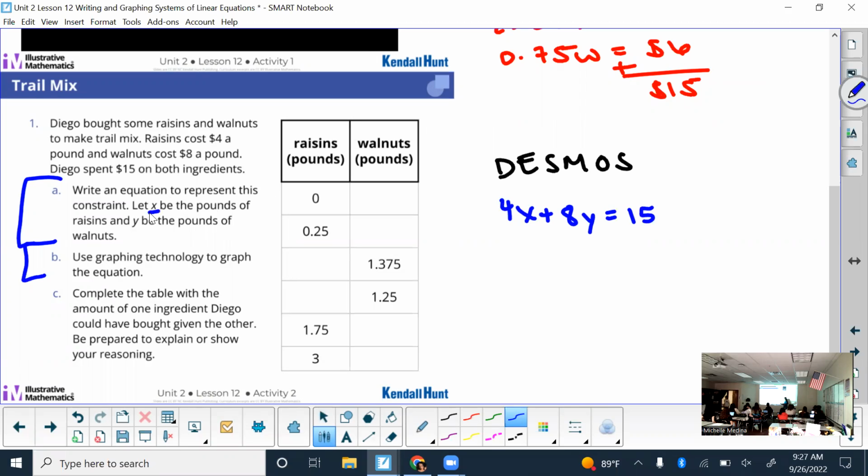Just FYI, use whatever variables the instructions tell you to use. We've been talking about different kinds of equations or different forms of linear equations. What form is this in? If you guys remember. Remember what it's called? Remember what the formula was?